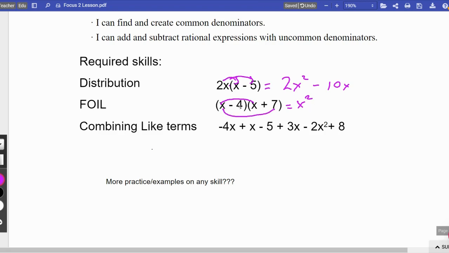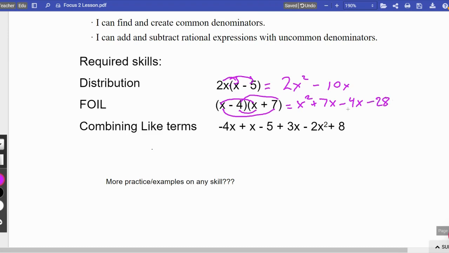Just make sure each of the first two terms gets to each of the next two terms one time each. So this is plus 7x. Inside terms, notice the x went to both of the terms already. So then we have negative 4x, because it's a negative 4 times x. And then a negative 4 times the 7 as the last term, which is negative 28.